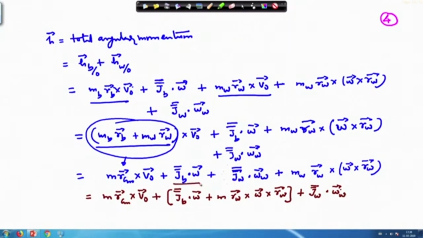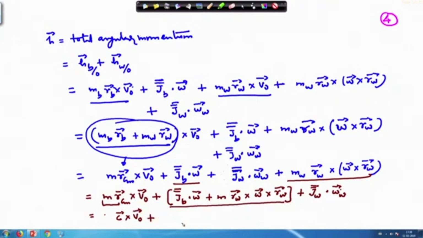We combine this term and this term, and this particular term here, m times r c m, we can write for brevity as c.